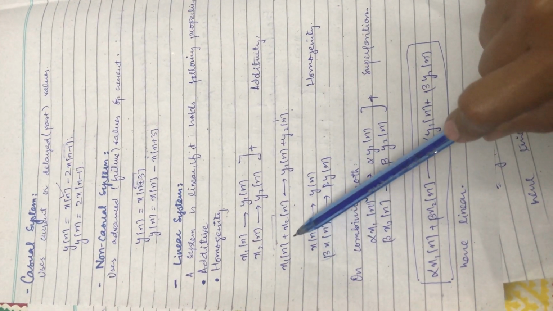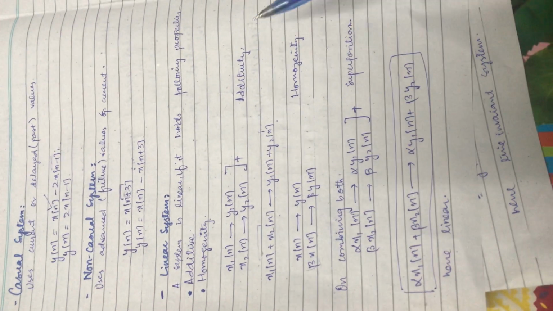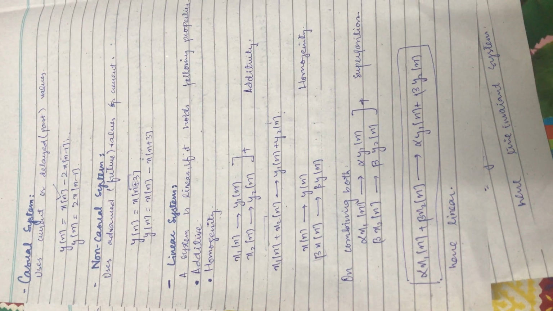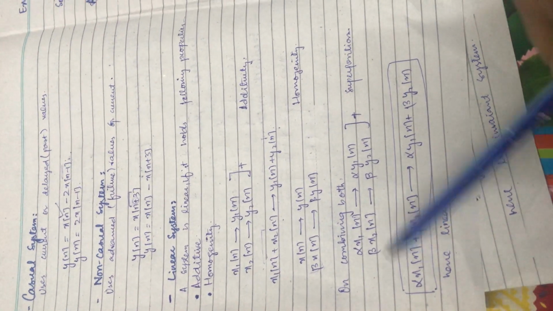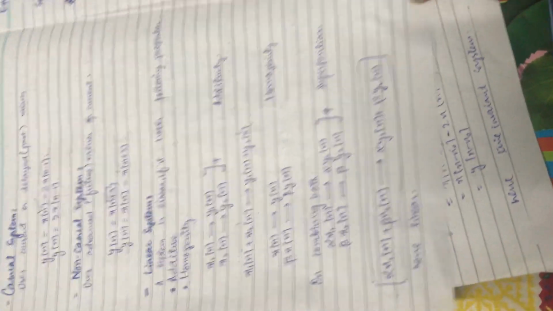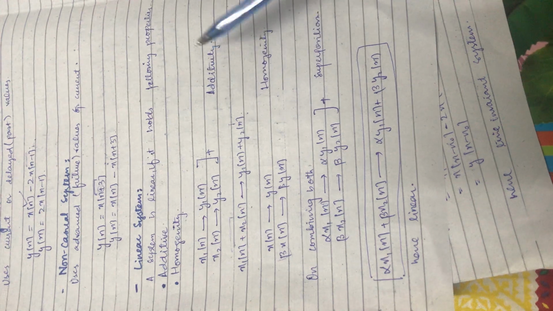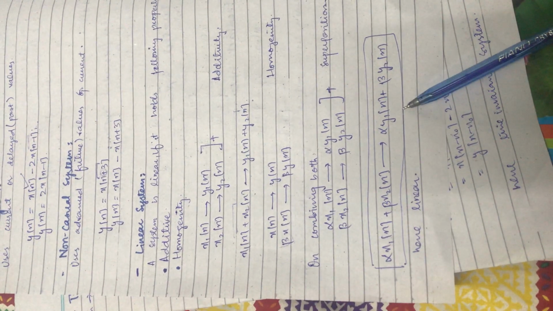By adding the inputs of both signals, it will give us the addition of the outputs. For homogeneity, if we have multiplied with a constant term, that multiplied constant term should be there at the output side. And on superposing both the properties, we'll get this expression.